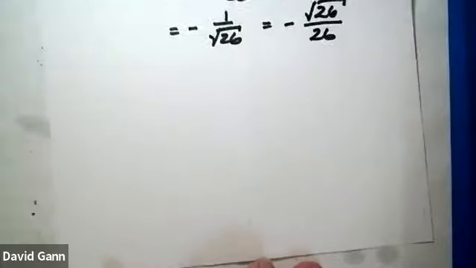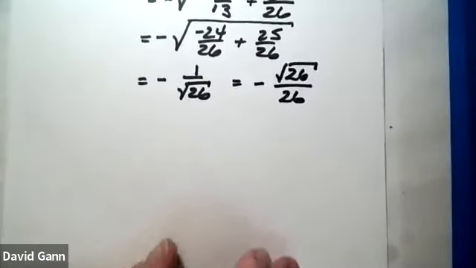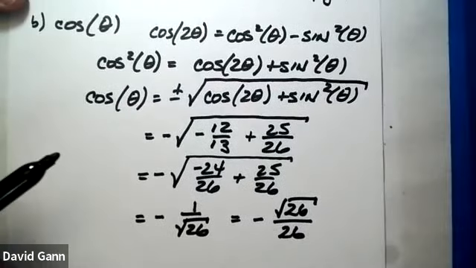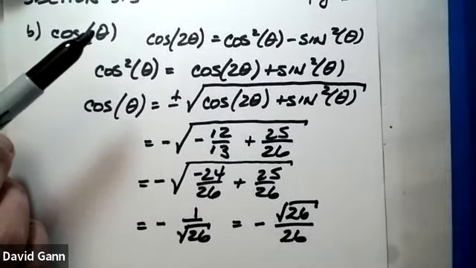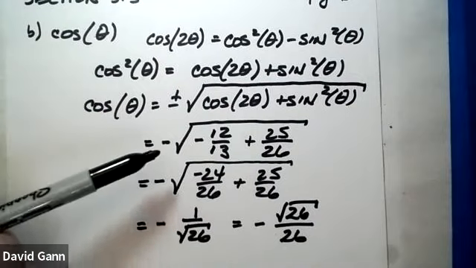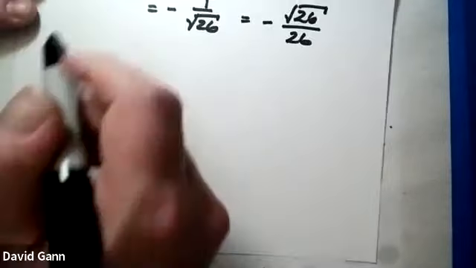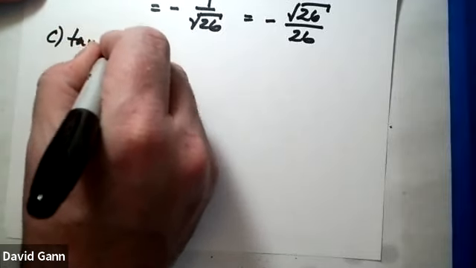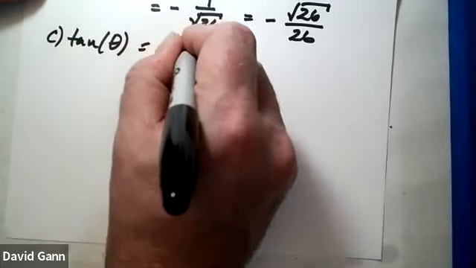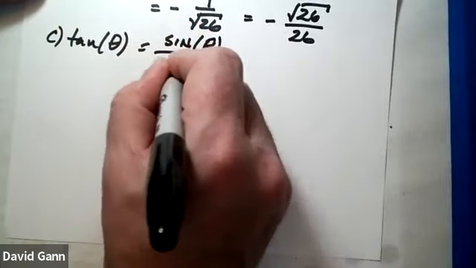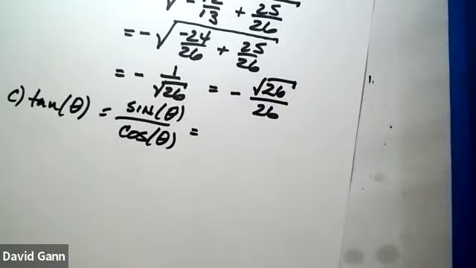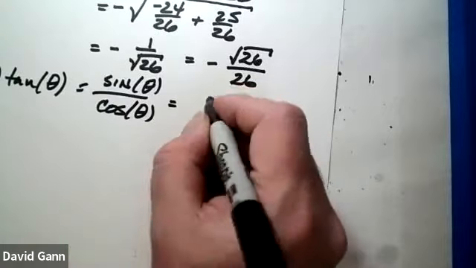Now, at some point, we may want to start relying on other fundamental identities rather than going back to 2 theta every time, because now we had sine of theta on the previous page, and now we have cosine of theta. Why don't we just polish these off as quick as possible? So tangent of theta is sine of theta over cosine of theta, and I'm going to use them in their unrationalized form.